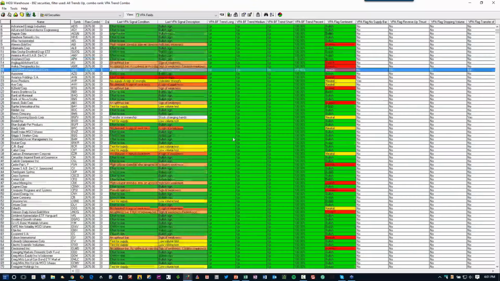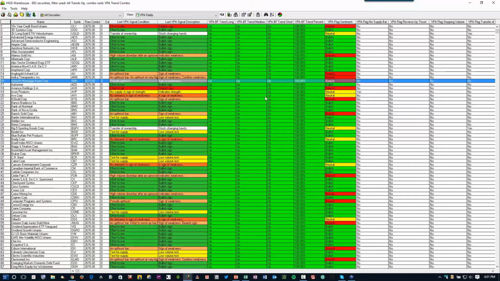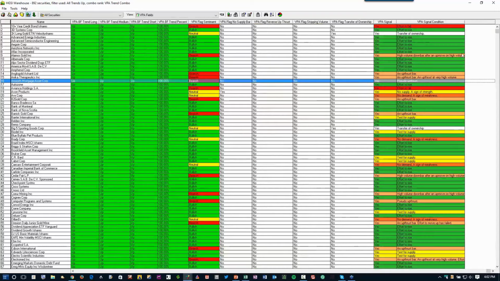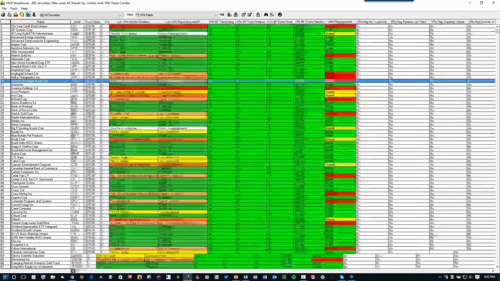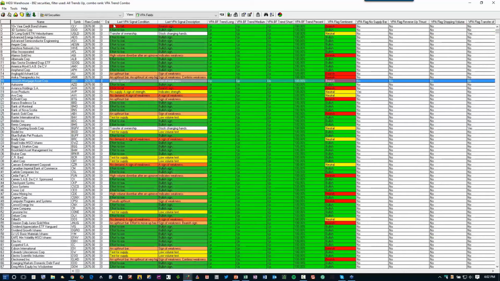Now, what I'm going to do is, this is a view of all the VPA indicators, and I just put this together today. I don't use this, but I just wanted to show all of the fields that are available. And Matt was talking about the sentiment and the signals and so on.